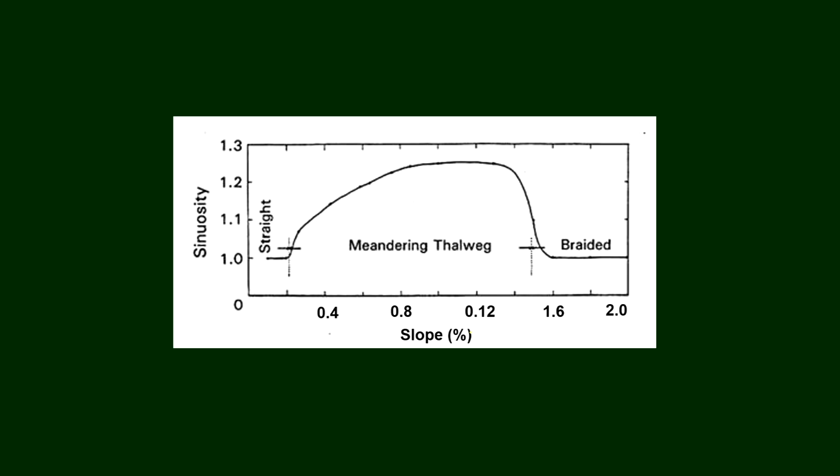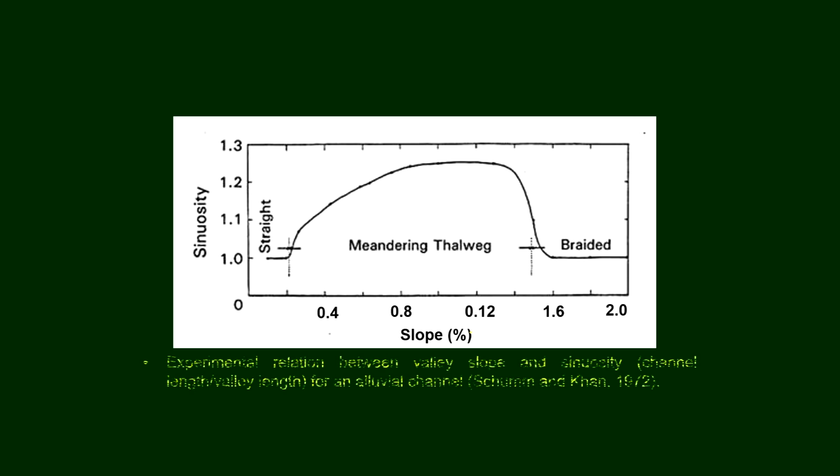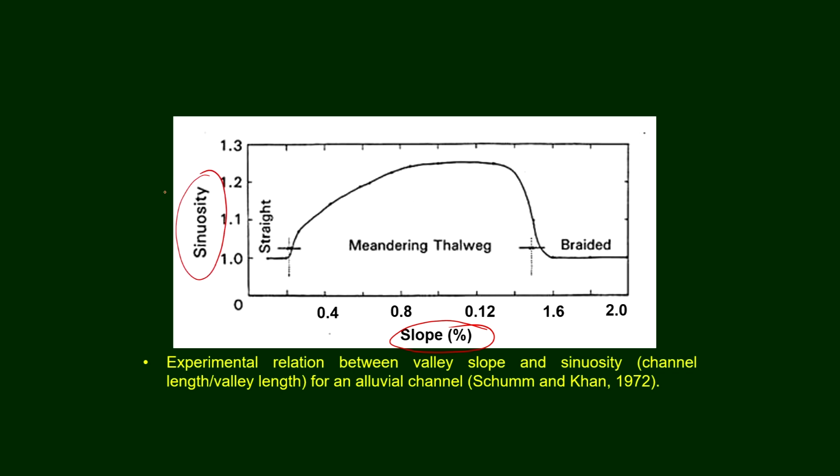Okay. So, now coming to what we were talking about, if you are having the slope and then you have the sinuosity, how do they relate, and how does the channel pattern change if there is a change in the slope. Okay. So, experimental relation. Here you have the slope on the x axis and sinuosity, and the relation between these two.